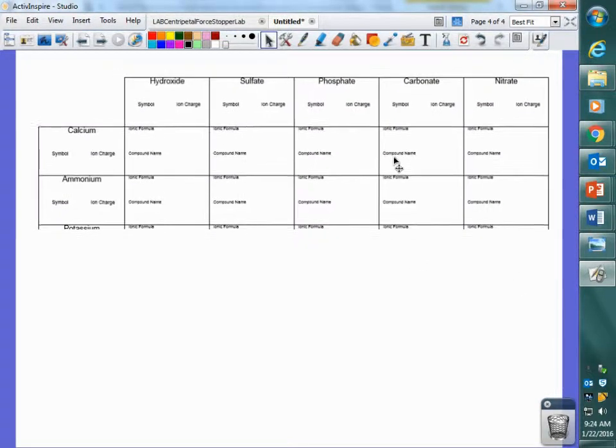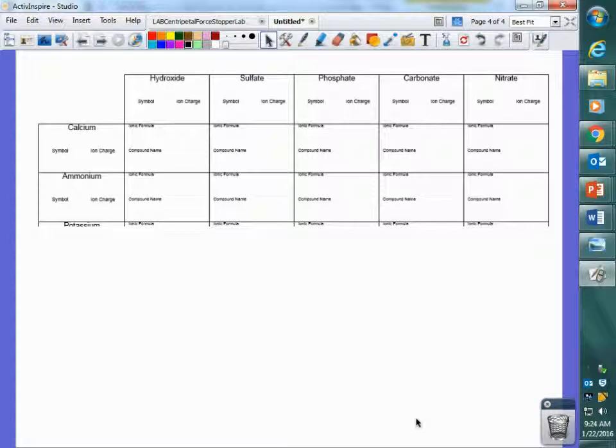Okay. So up at the top, you have your polyatomic anions. We just learned about hydroxide. What's the symbol for hydroxide? OH. And then its ionic charge is what? -1. Okay, so -1. Sulfate. Sulfate is SO4, and it's -2. So you can write -2 or 2-, totally up to you.